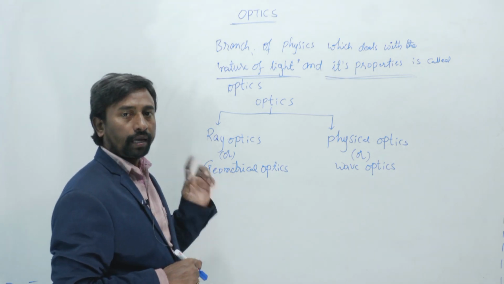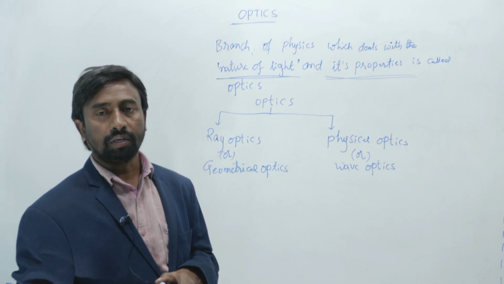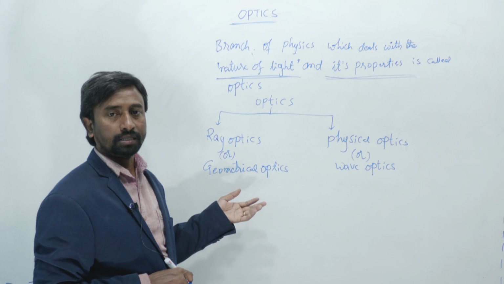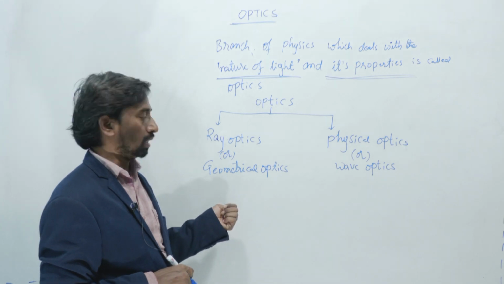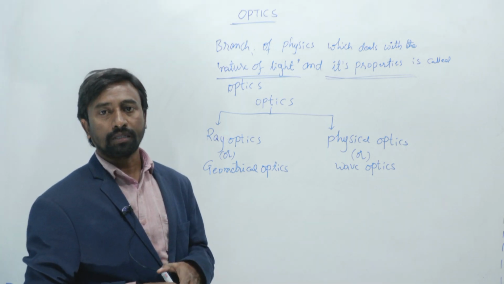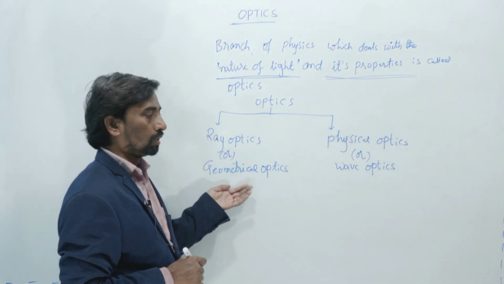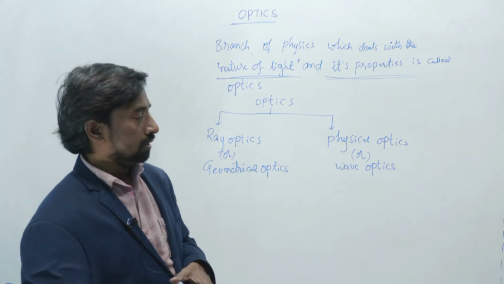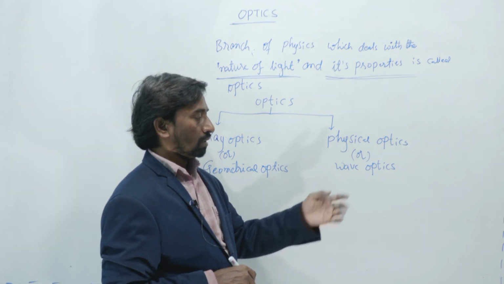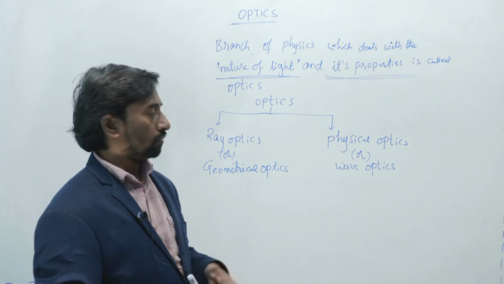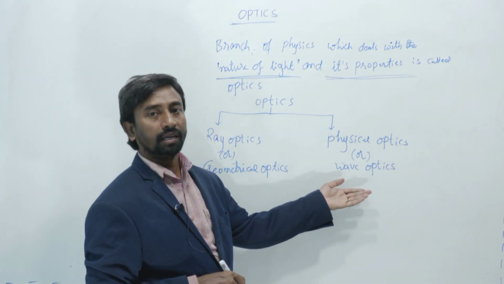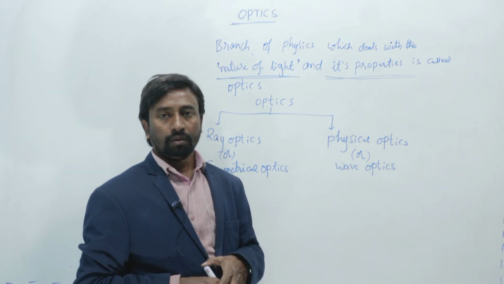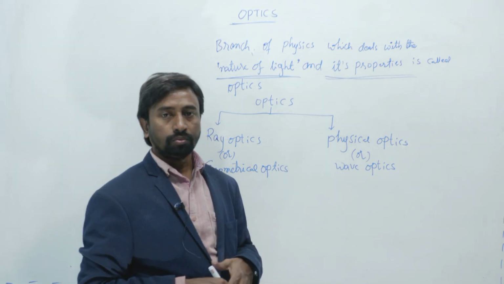Ray optics is the branch of physics which studies the nature of light, in which the wavelength of light is considered very small, negligible compared to the size of the object. Then that optics is said to be ray optics. Wave optics, or physical optics, is the branch of physics in which the wavelength of the light is bigger than the size of the objects on which it falls, or through which it is passing.